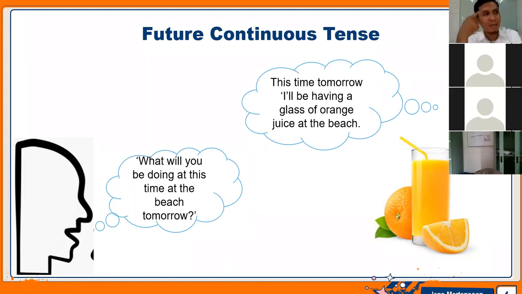Ya, kayak dia menghayal, kayak dia menggambarkan atau berangan-angan, oh at this time tomorrow morning I will be having a glass of orange juice at the beach. Jam-jam segini nih besok aku nih lagi minum jus di pinggir pantai Bali, Kuta. Okay, so it is describing that something is happening or in progress in the future. Describing something that is in progress in the future.